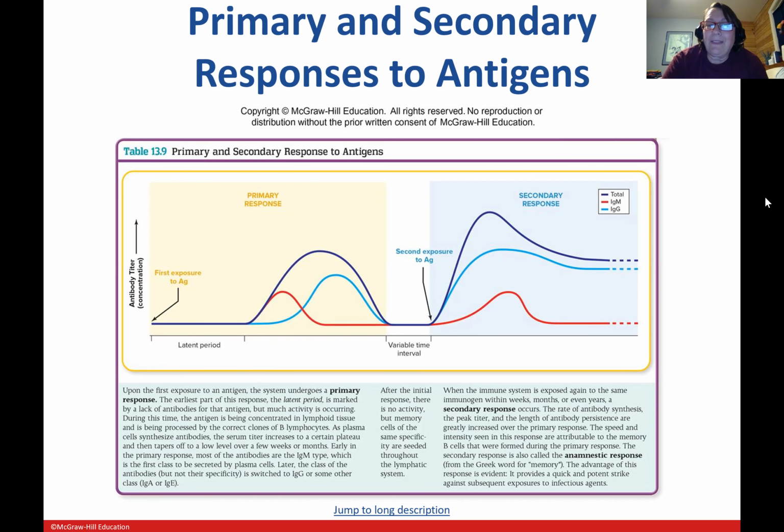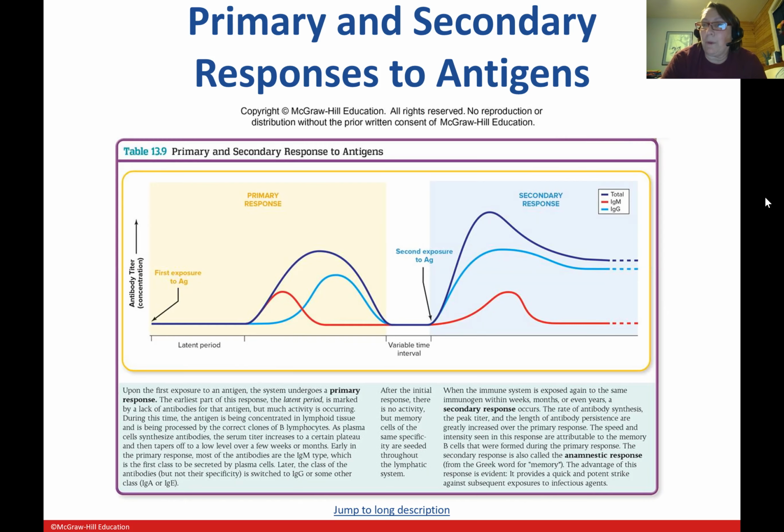Okay, and then as IgM is trailing off, IgG is taking over. Okay, and so basically once you get that big IgG bump, that's when you're starting to basically take care of the infection.